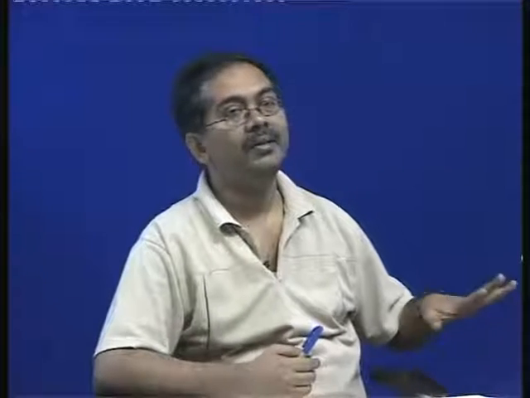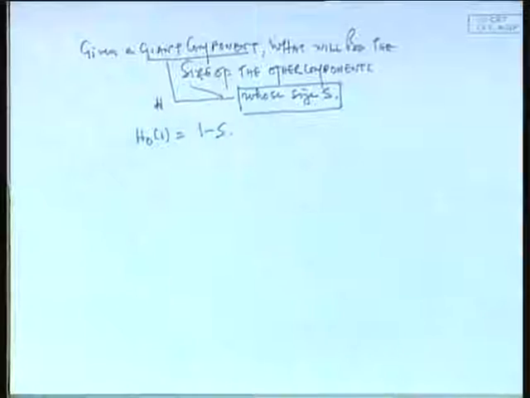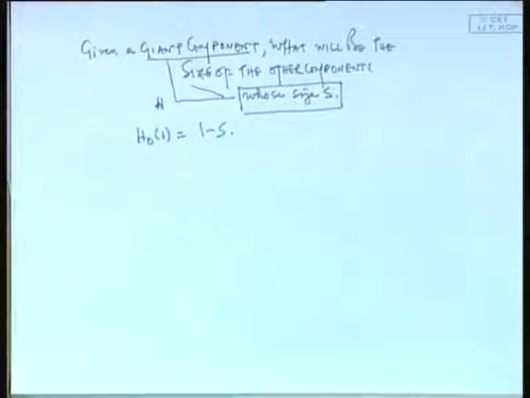What I am trying to do is find out the average component size excluding the giant component. Then H 0 1 will be 1 minus S. I have to suitably normalize H 0 1. So, 1 minus S.